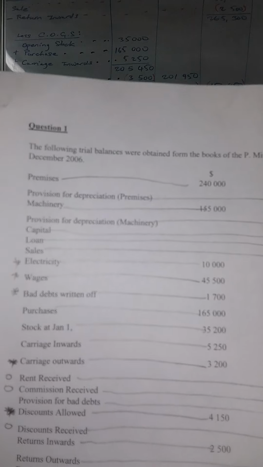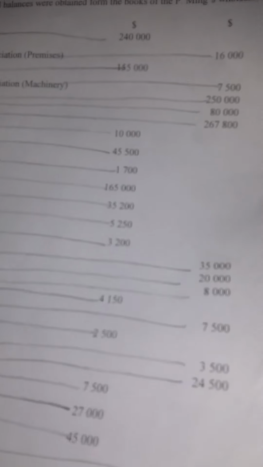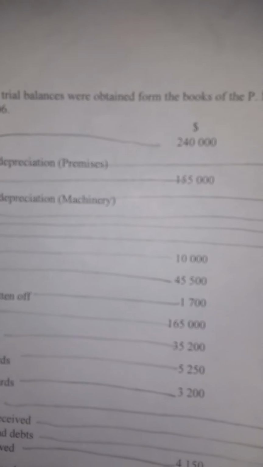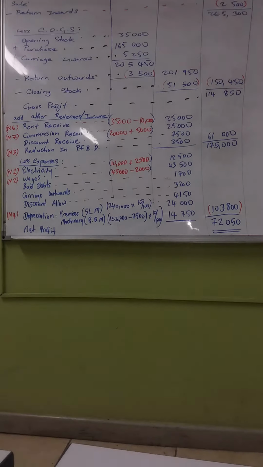You use a line to match the words with the figures as it relates to the question. It is imperative that you do so that you don't pick up the wrong figure for the details. So you got to match words with figures first.